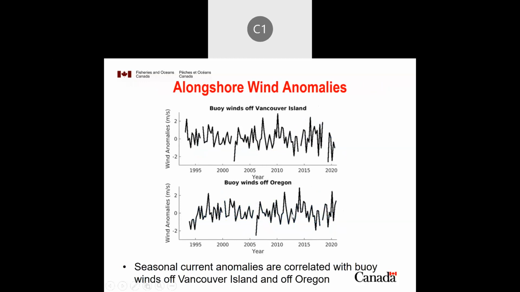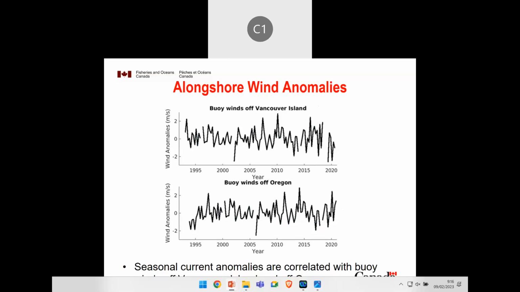They have quite coherent patterns between these two sites. We also calculated the correlation between the first mode EOF of the altimeter-derived currents and these wind anomalies, and we found the altimeter currents are significantly correlated with both the local winds of Vancouver Island and the remote winds of the Oregon coast.